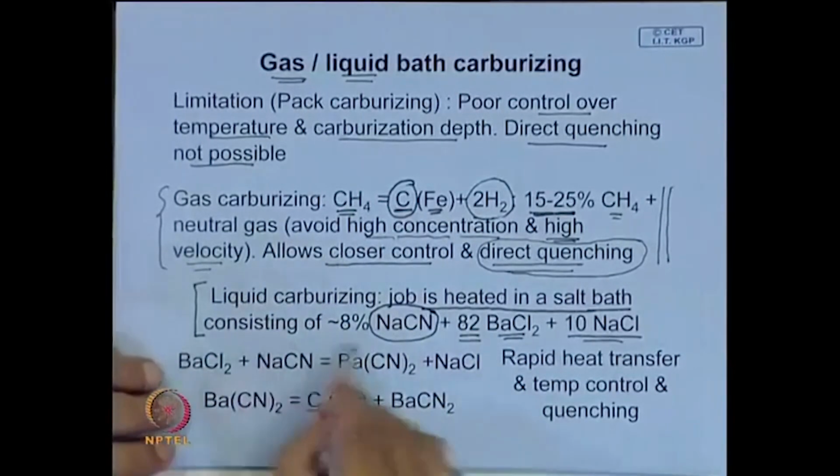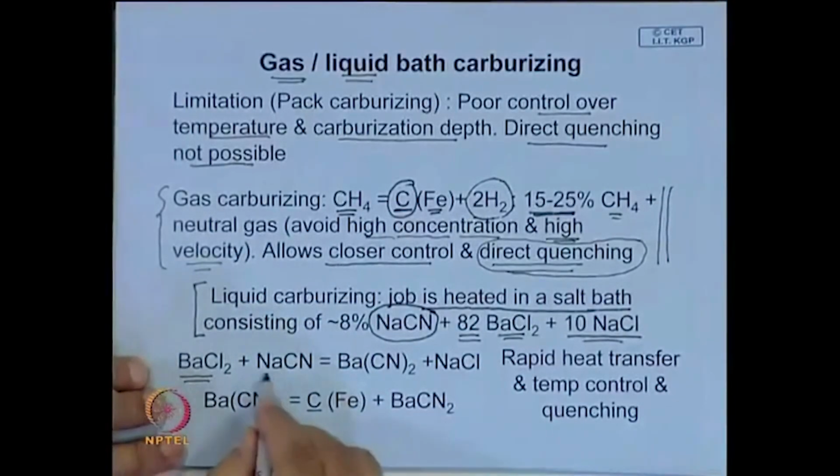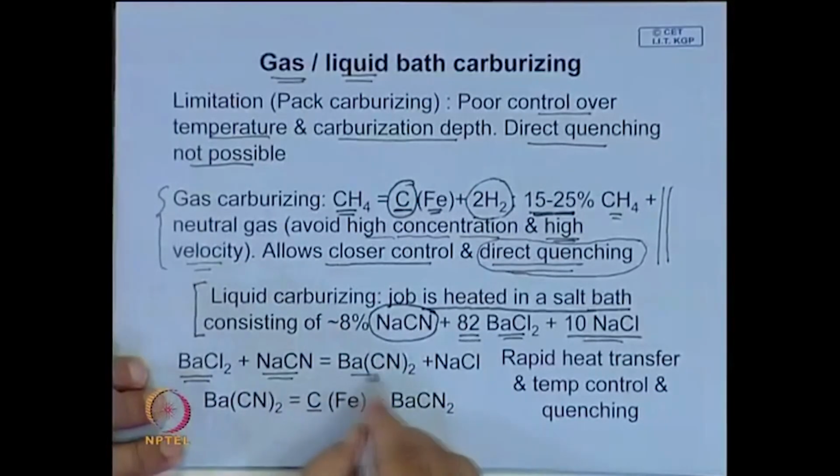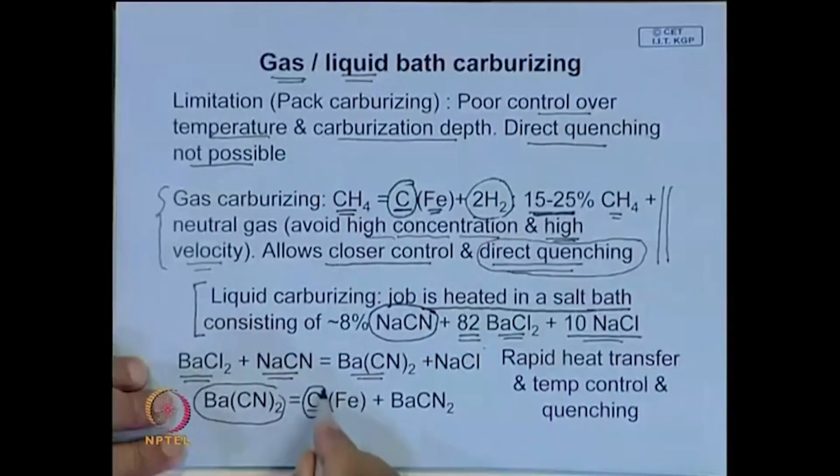The barium chloride reacts with it, forming barium cyanide and sodium chloride, and this decomposes near the steel surface giving nascent carbon, which dissolves in iron, at a temperature of around 900 or 950 degrees centigrade, where it will be in the austenitic state.